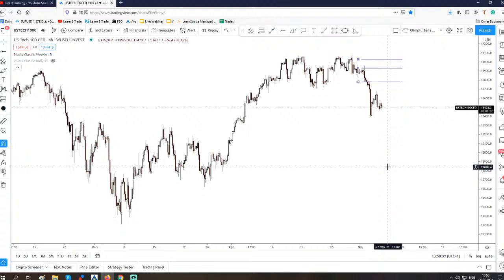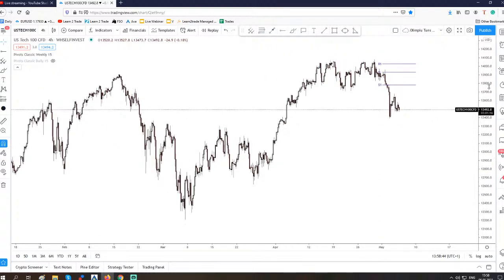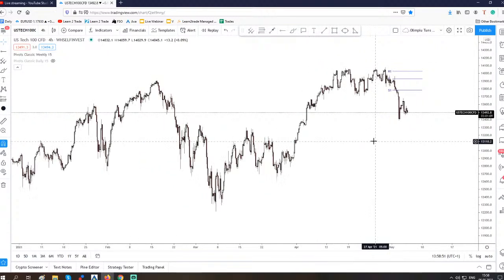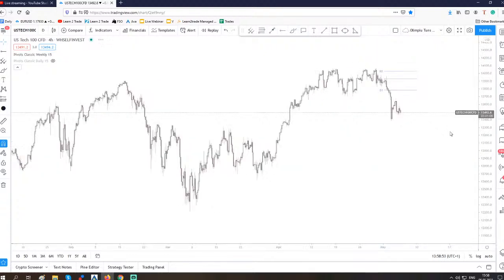Let's take a look here on the US Tech. So let's start with the daily chart here.